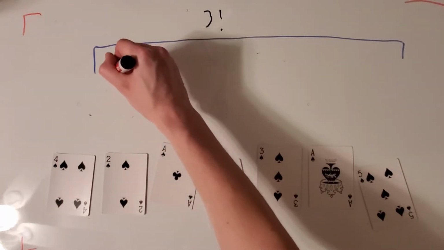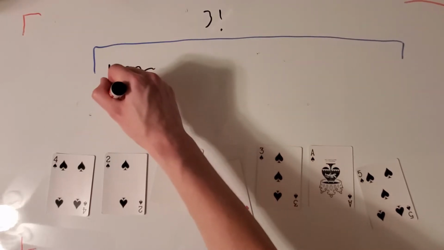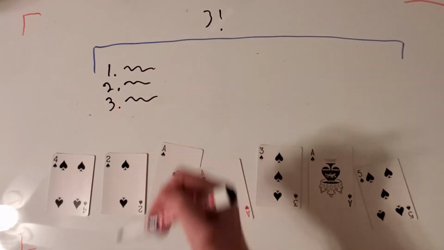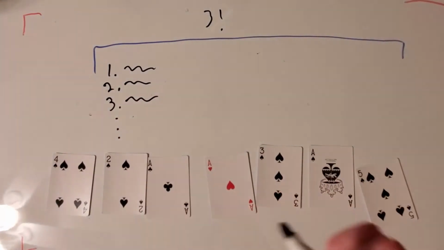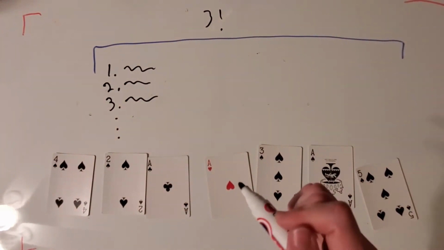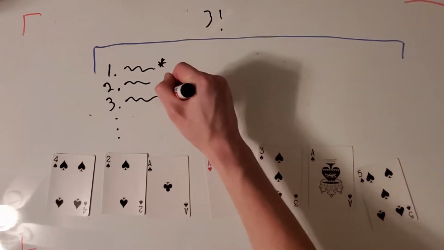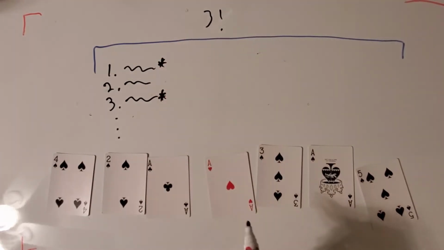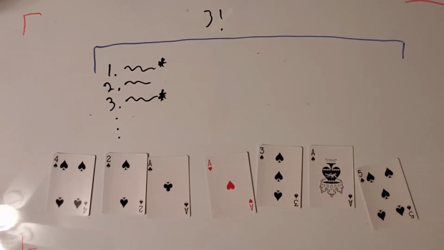If I have a list of all the different orders and so on, and I mark off all the different orderings that are redundant with this one, what we're going to find is that there are 3 factorial different orders and one of them counts.